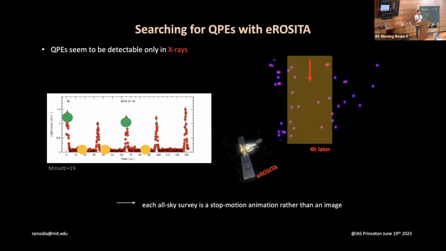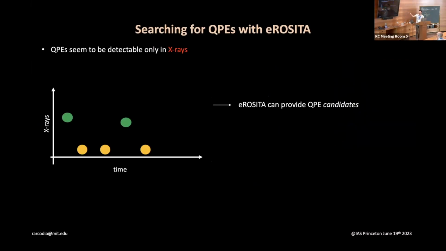We had eROSITA, and we said, okay, let's see if we find QPEs in the data stream. If you see this sort of light curve coming from a galaxy, you still need follow-up to confirm the candidate as a QPE. During my PhD, I was looking blindly for these sort of patterns coming from extragalactic sources in the sky.